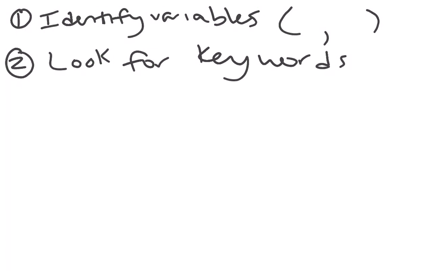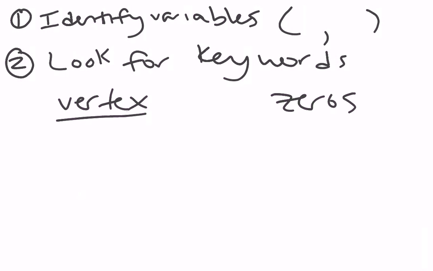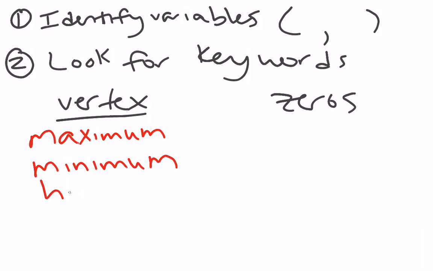Our keywords tell us whether we're finding a vertex or zeros. We know we're finding a vertex whenever it says maximum, minimum, highest, or lowest.